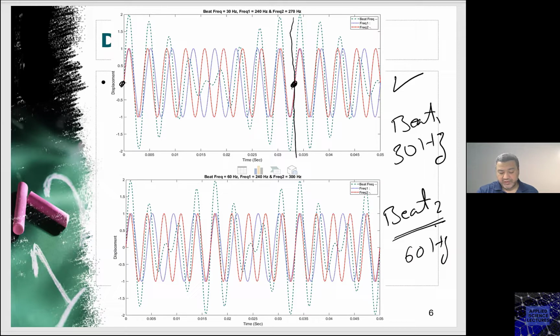At this point, where they completely overlap, beat number one is less than beat number two. Beat number two is higher in frequency, which means it's repeating more frequently than beat number one. This is the point where both are zeros.